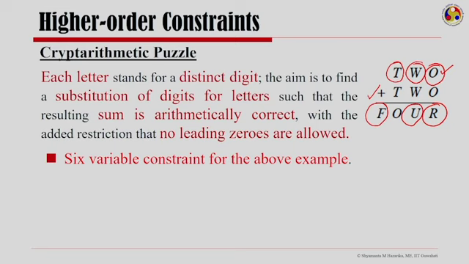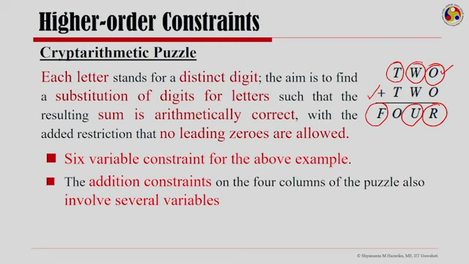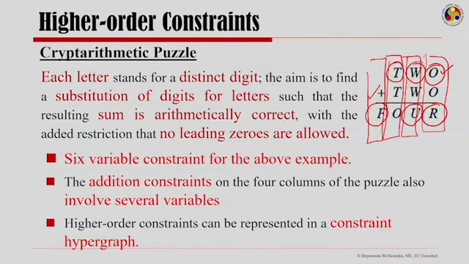And the constraint is that all of them need to be a different digit. The addition constraints on the 4 columns of this puzzle, 1, 2, 3, 4, also involve several variables. All of these create a higher order constraint and they could be represented in a constraint hypergraph.